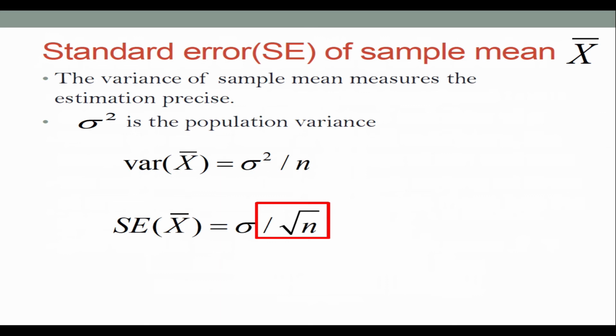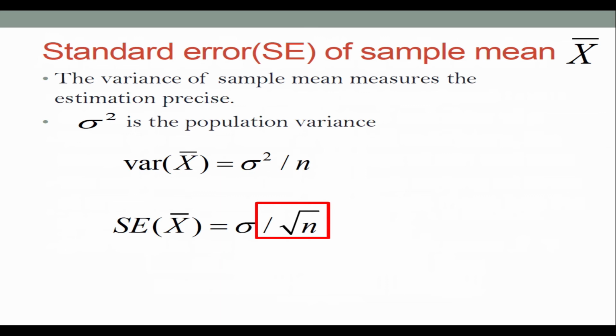So this is related to the sample size. Intuitively, if the sample size is large, then your sample mean is more accurate, right? If you have more samples, you can get a more accurate sample mean estimator, and this estimator has a smaller standard error, right?